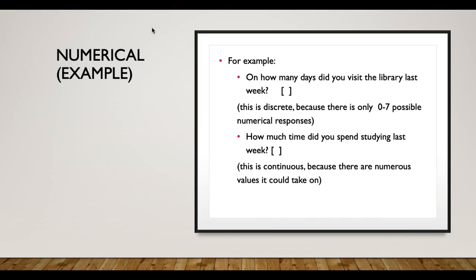But how much time did you spend studying last week is measured. So it can be a continuum between 1 to 7 days or however many hours or minutes there are in that time period. You could say you studied for 1 hour, but it's not ever exactly that. It could be 1.0001. So when it can be measured, then it's called continuous.